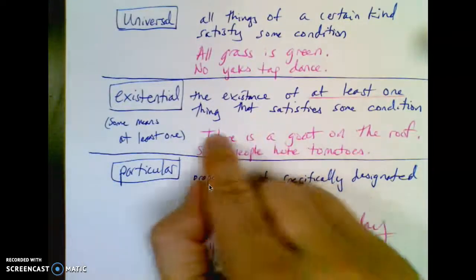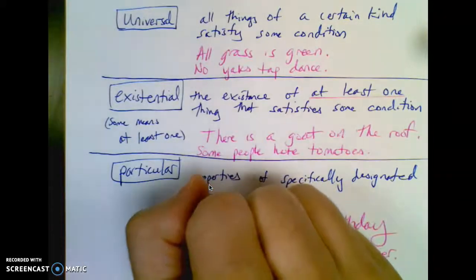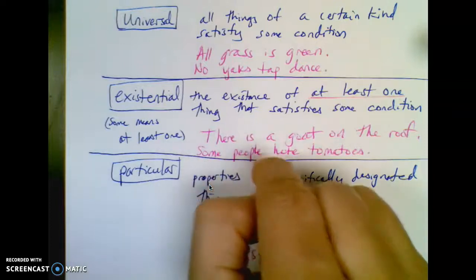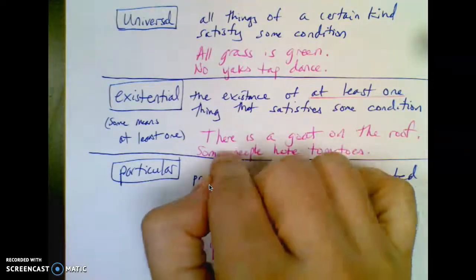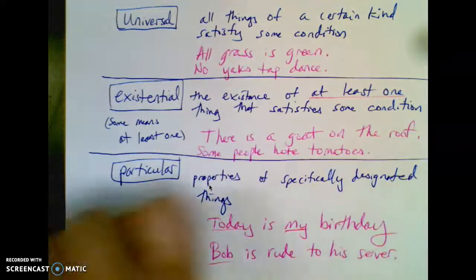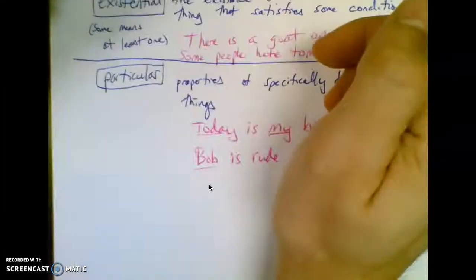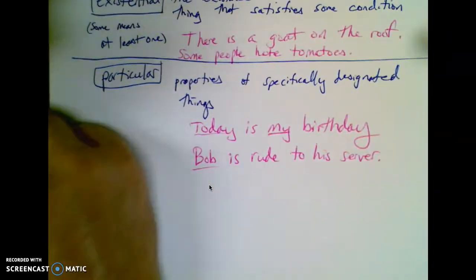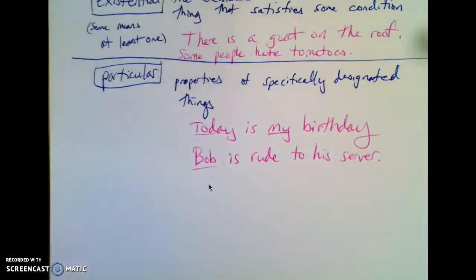Existential, which is more like the word some, and it just means there's at least one that satisfies the condition, like there's a goat on the roof, some people hate tomatoes. And then particular is kind of the other ones. Today is my birthday, Bob is rude to his server. So it's kind of like more specific, where you don't talk about some or all. You talk about just a specific person or, yeah.